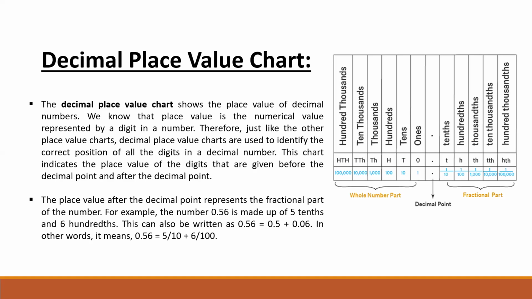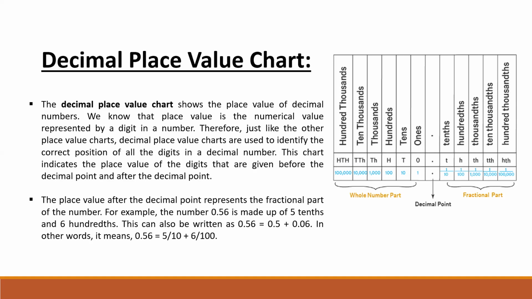So, just like the other place value charts, decimal place value charts are used to identify the correct position of all the digits in a decimal number. This chart indicates the place value of the digits that are given before the decimal point and after the decimal point.